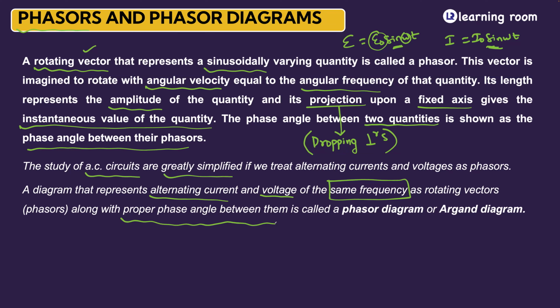And if you're able to represent the angle between them, which is called the phase angle, then that one diagram which shows everything is what is called a phasor diagram, or, most rarely used, the Argand diagram. Argand is something related to complex numbers. You would have learned about the Argand plane. It's related to complex numbers, but let's not worry too much about it. So it's either called a phasor diagram or an Argand diagram.